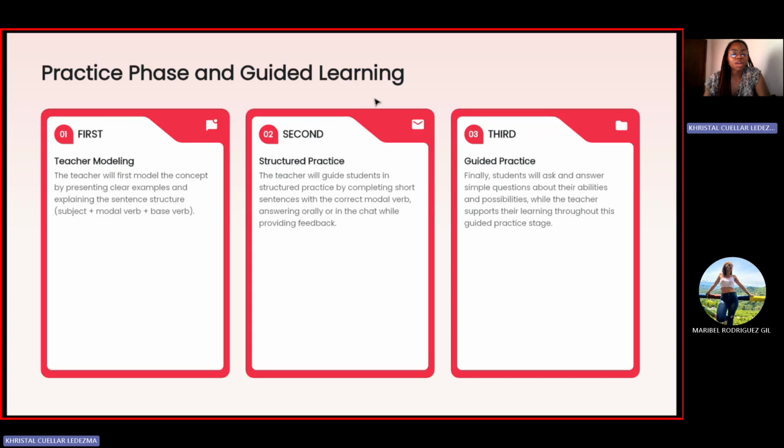Okay, so now comes the practice phase and the guided learning. The teacher will first model the concept by presenting clear examples and explaining the sentence: subject, modal verb, and base verb. I already did this.